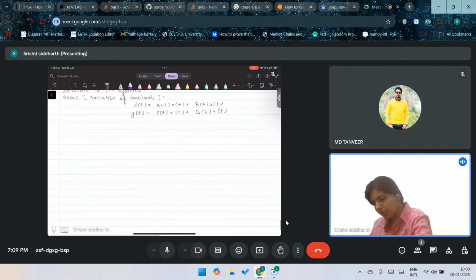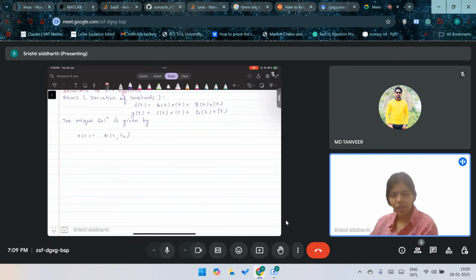Then the solution is unique and it is given by x(t) equals phi(t, t0), where t0 is the initial time, times x0, plus the integral from t0 to t of phi(t, tau) B(tau) u(tau) d tau.